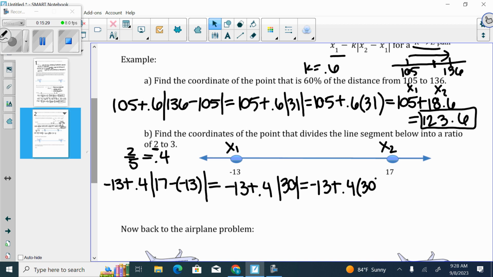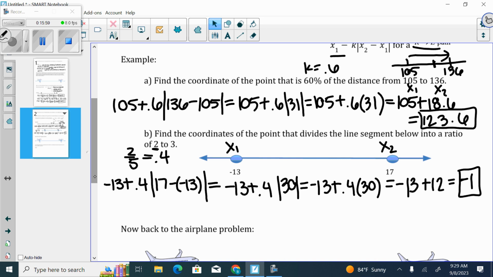All right, and then you guys said order of operations would tell us to multiply first. 12, so we have negative 13 plus 12, which would give us negative 1. There we go. So if we were to go 0.4 of the distance between these 2 points, we would land on the point negative 1.